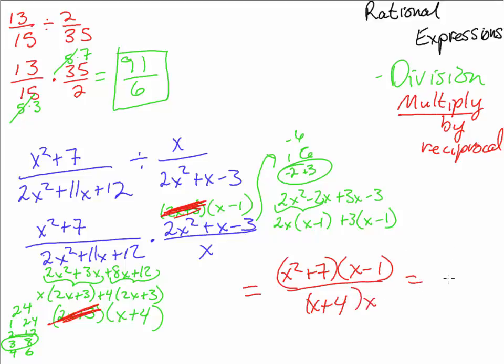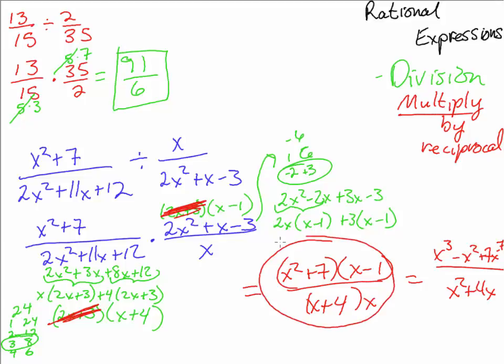So you could multiply all those out and get x squared plus 4x on the bottom. I don't know if that'll help to times it all together. It might, but it doesn't look like it's really getting a lot. x cubed minus x squared plus 7x minus 7. I suppose you could leave it like that.